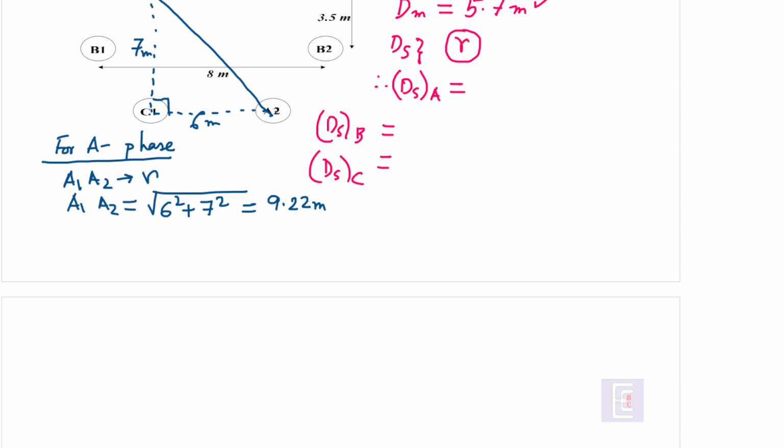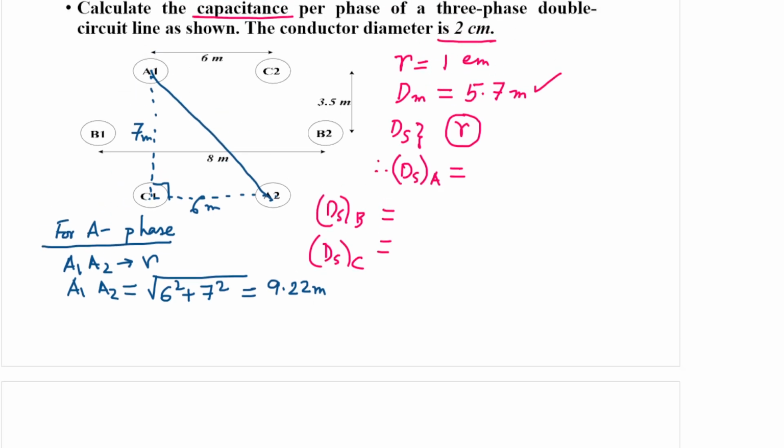So we should take the square root. What is the square root? First you can take 9.22 into 0.01. If you evaluate this, it will come out to be 0.304 meter. This is the result for DSA.